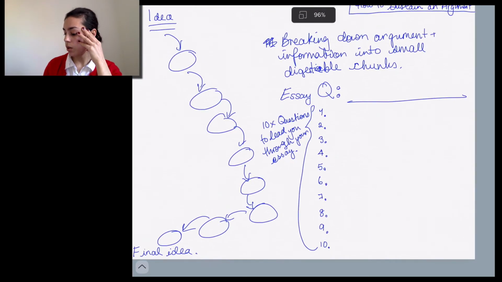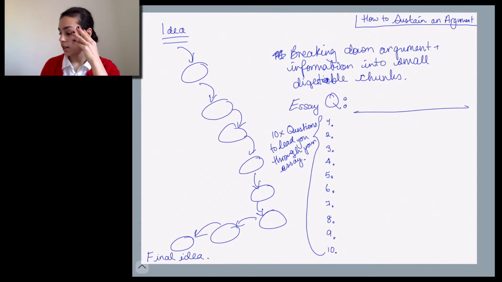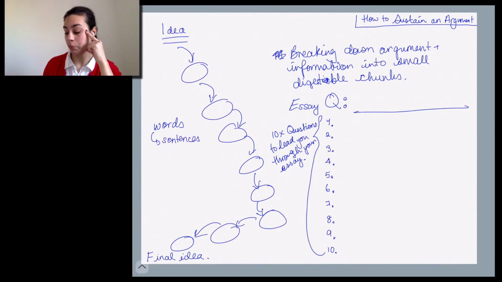Because our essay is made up of, what's an essay made up of, literally, if we're looking at it on a page? Yeah, we've got words. If we put many words together, what do they make? Yes, I'm literally talking as plainly as that.